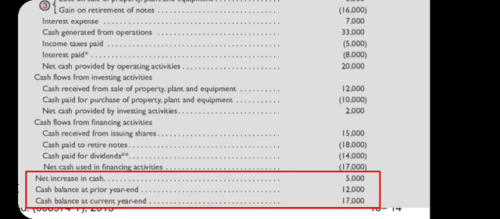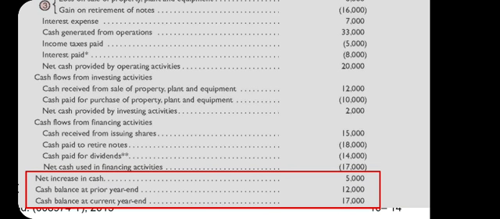And then you have to show the beginning balance of cash for the accounting period. You can get that beginning balance of cash figure from the balance sheet, and then you have to show the ending balance of cash for the year, also found in the balance sheet of a company.